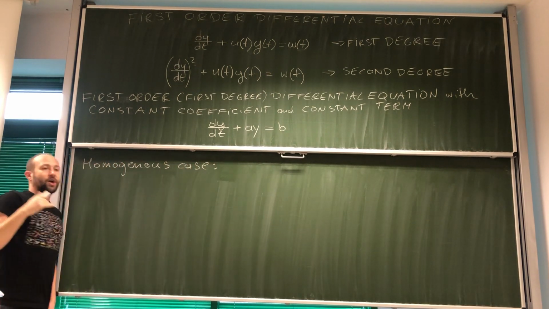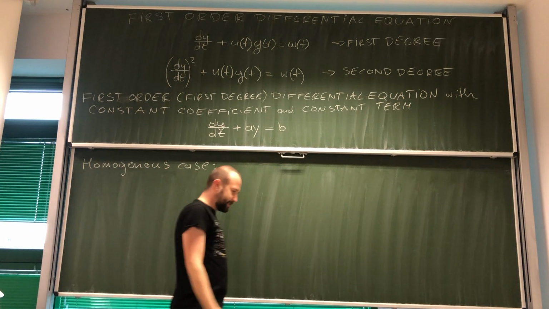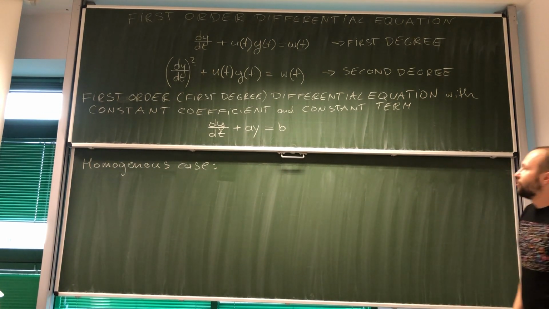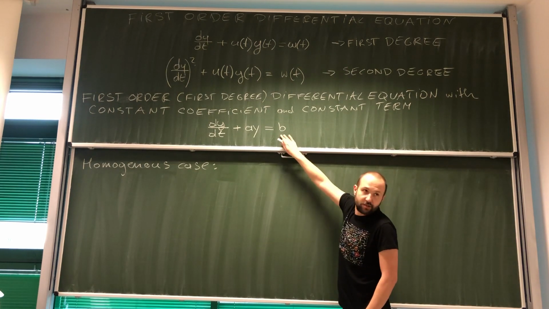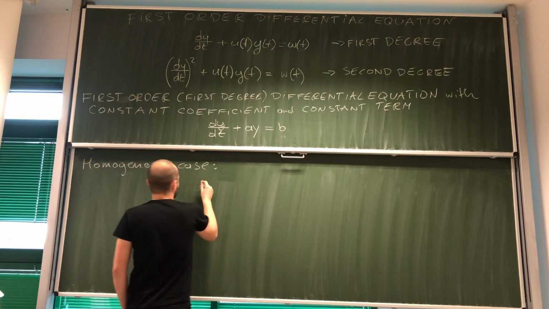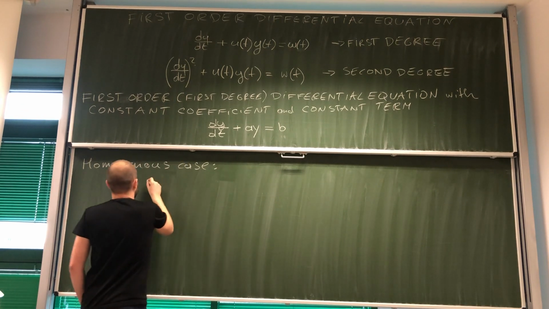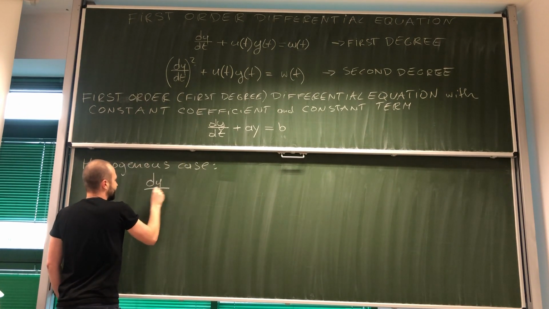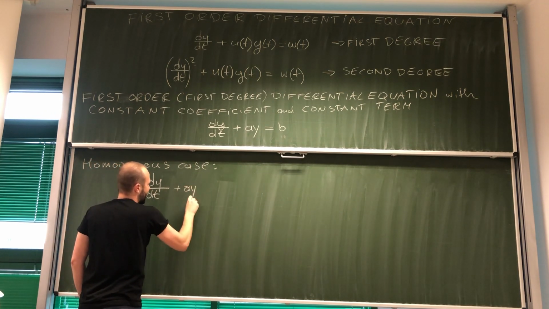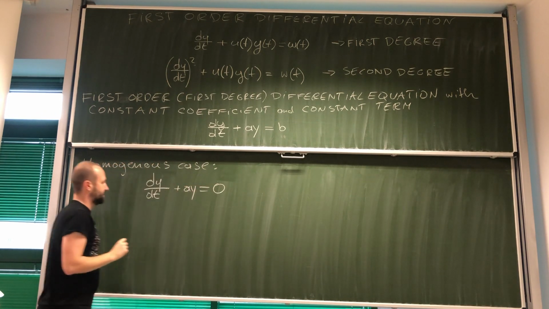I hope you remember from mathematics that generally a homogeneous equation is the equation where the constant term is equal to 0. So a homogeneous differential equation will look like this: dy/dt plus ay equals 0.